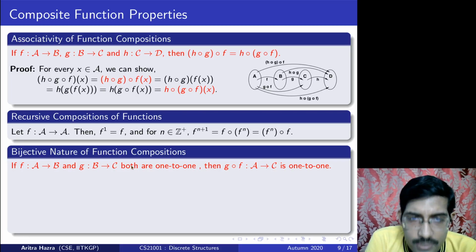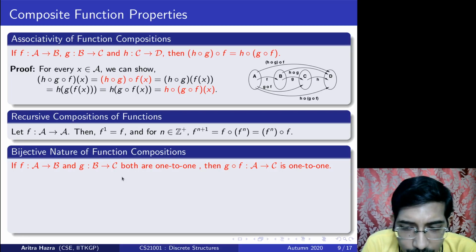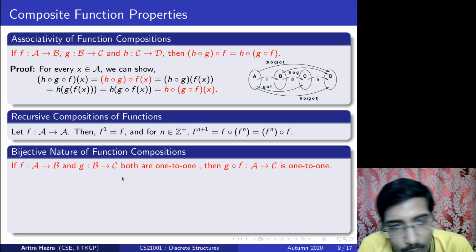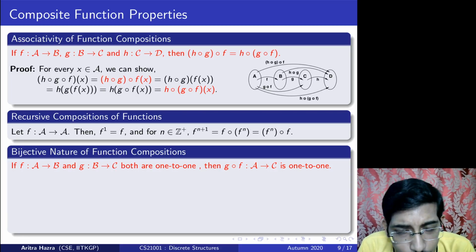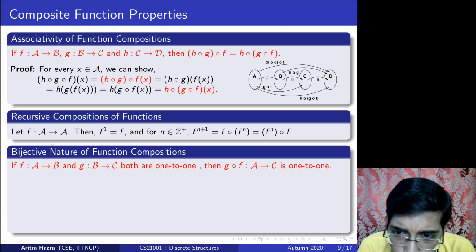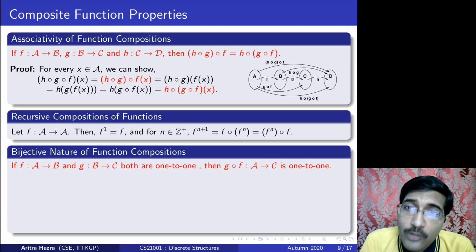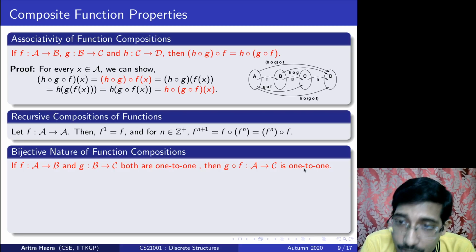This is pretty simple, right? If you think of the definition of 1 to 1, what do I need to prove? I need to prove that if GOF x1 equals GOF x2 for x1, x2 in A, then x1 should be equal to x2.